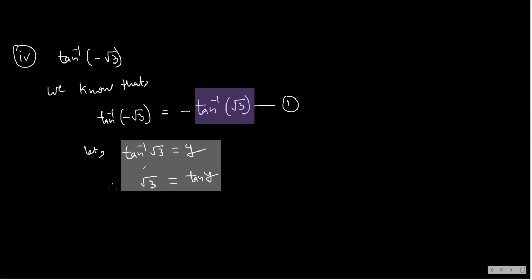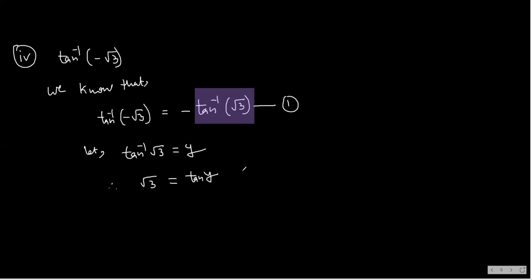Now remember, it is not always possible to write this. If tan inverse of root 3 is y, and you are writing root 3 as tan of y, then the condition needs to be fulfilled. What is the condition? This angle has to be in the restricted range, where y is greater than minus pi by 2 and less than pi by 2.